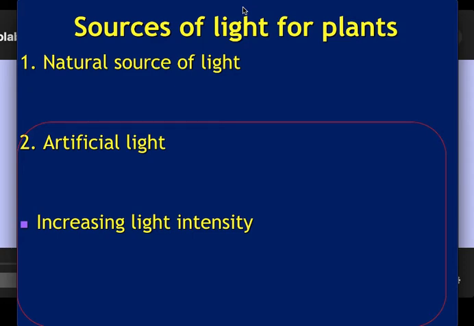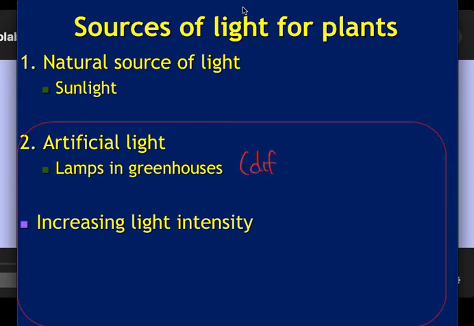So if you are a commercial grower of plants, you want to make sure that what you do is going to make your plants grow bigger, make them grow faster. Where I live, on the way home in winter after prep at 10 o'clock at night, there are greenhouses and they will have their lights on. Our natural source of light is sunlight, but commercial growers will use lamps in greenhouses, and we now know that those lamps may be different colors depending on the color of the leaves.